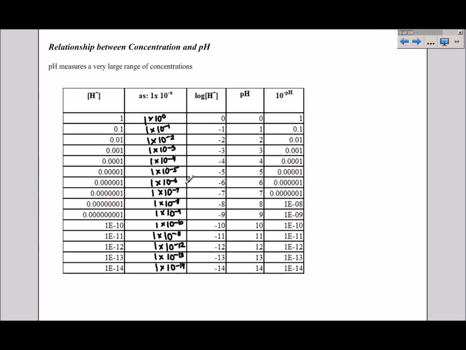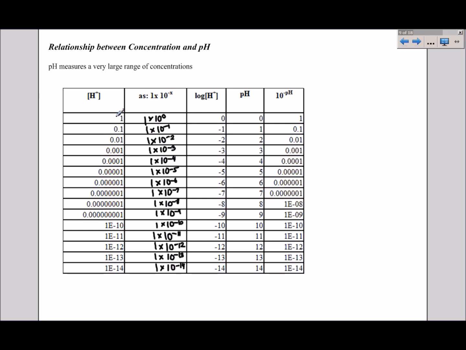Now, what we're doing here is looking at a very large range of concentrations. So I'm looking at 1 mole per liter all the way to 1 times 10 to the negative 14 mole per liter, which is really, really small. Now what we're going to do is figure out what the log of our concentrations would be.